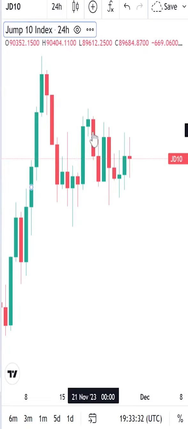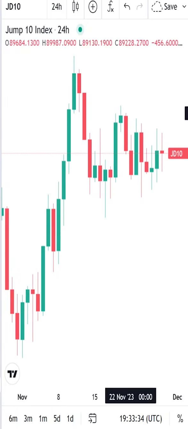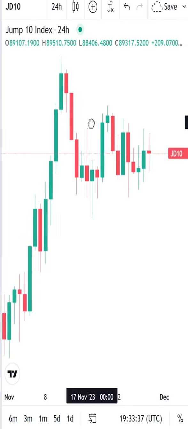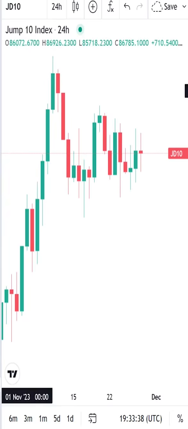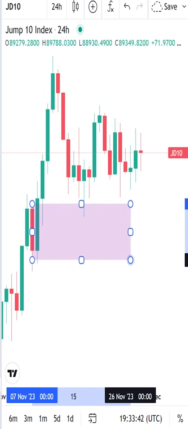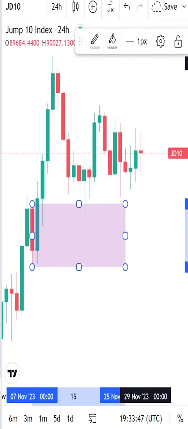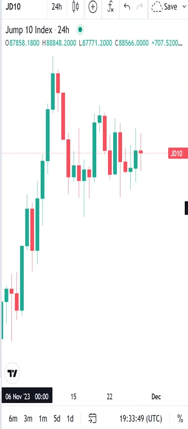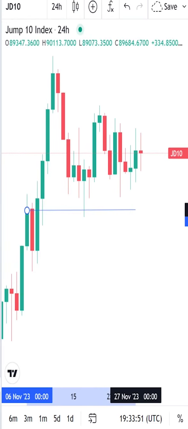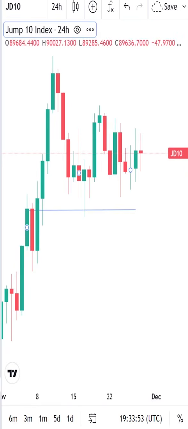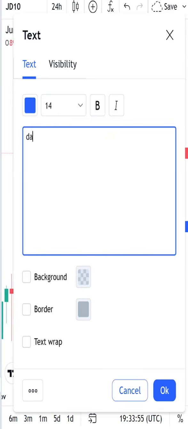So this is what I was looking at when I was trading the Jump 10 index. We start off on the daily, and on the daily we can see that price hit our daily OB right here. Let me write daily OB.